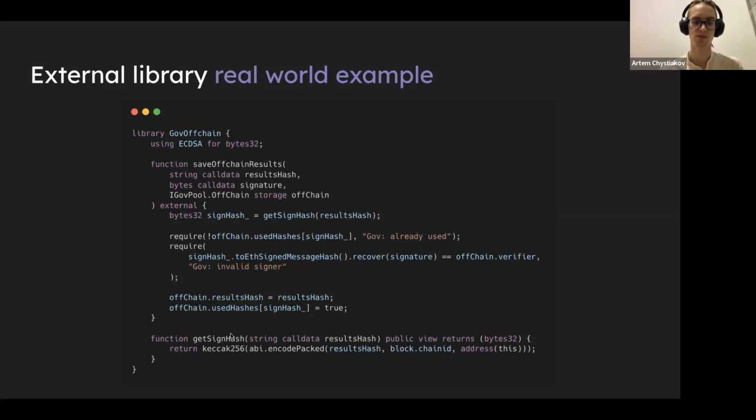So I receive the hash and then access this storage reference variable and check that this hash isn't used. If it is, then I am just reverting. If it is not, I am converting this hash to an Ethereum signed message hash by prepending the Ethereum signed message prefix and hashing once again.